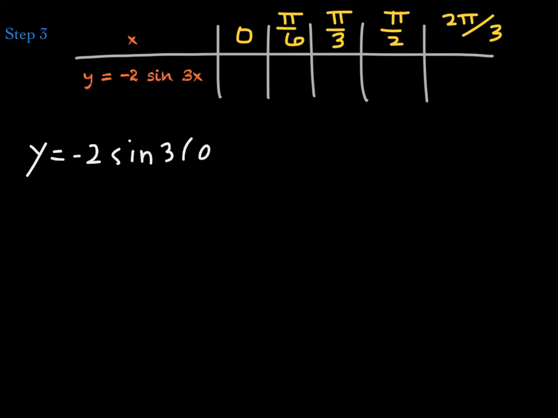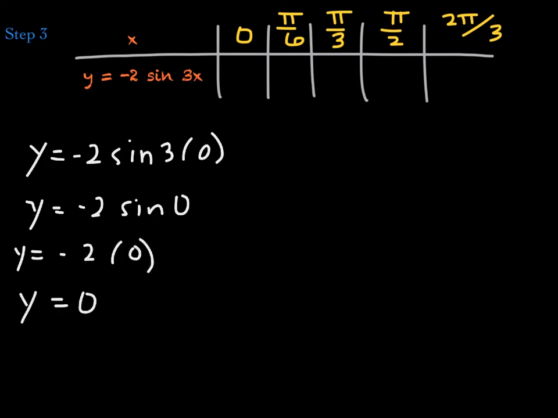So then you get y is equal to negative 2 times sine of 0. And sine of 0 is 0. So it's negative 2 times 0, which is just 0. So then this function starts out here. The graph starts at an x-intercept, the origin.